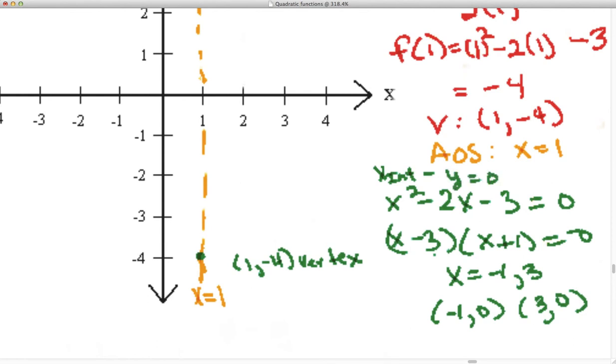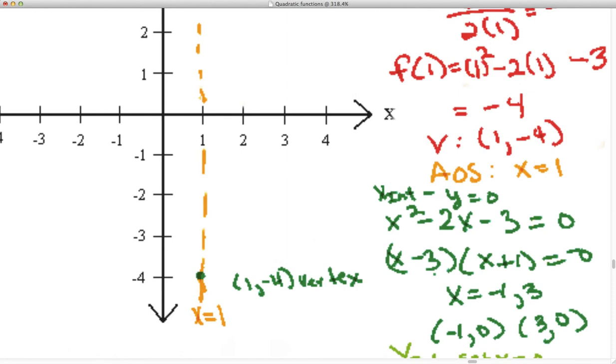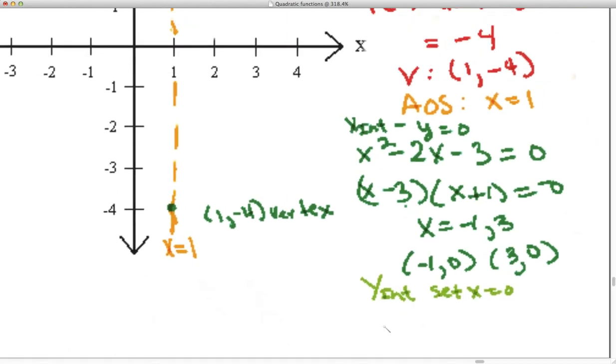And then for the y-intercept, you set x equal to 0 and solve. So in this case, that's not as bad, because you get y equals 0 squared minus 2 times 0 minus 3, which equals negative 3. So 0, negative 3 is the y-intercept.